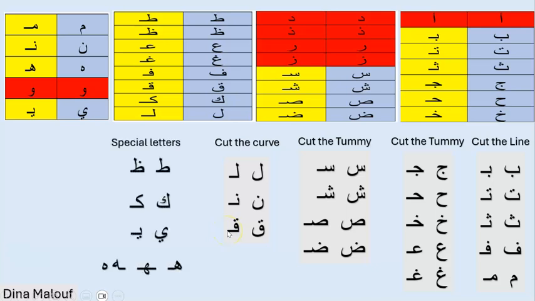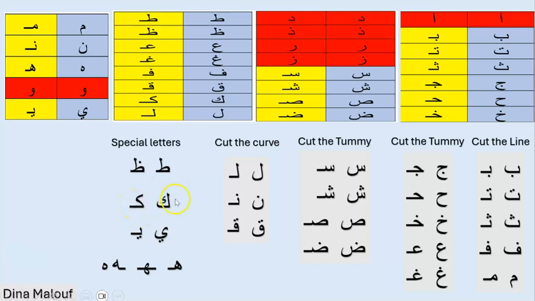These are special letters. Why? These two letters here, they are friendly letters, but there is no other shape for them. So we connect them, we don't change them, we just add a hand. K here is a special letter because when we connect it with the next letter, we must change it to this form.